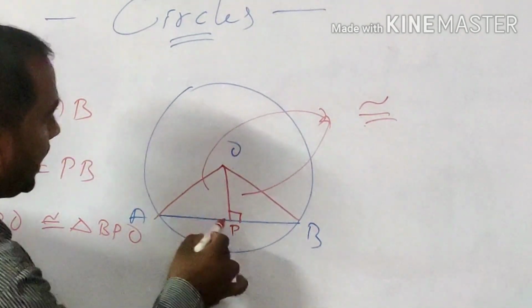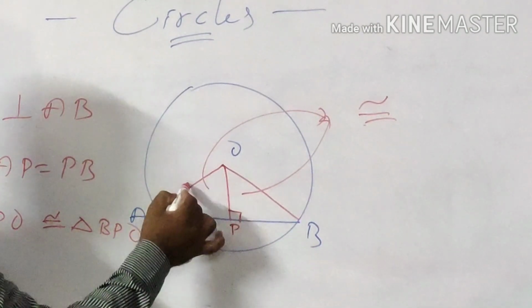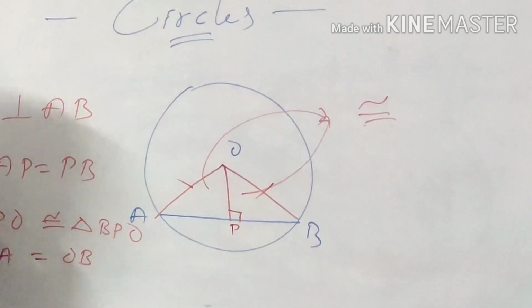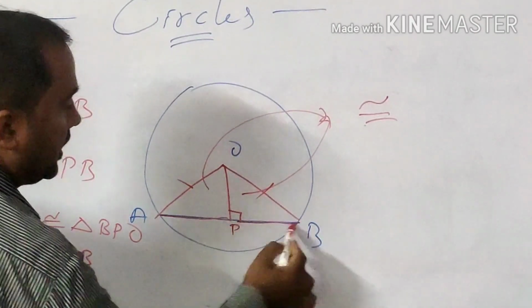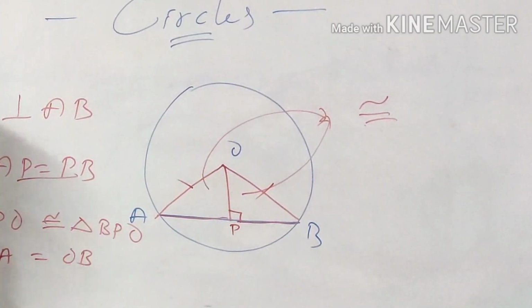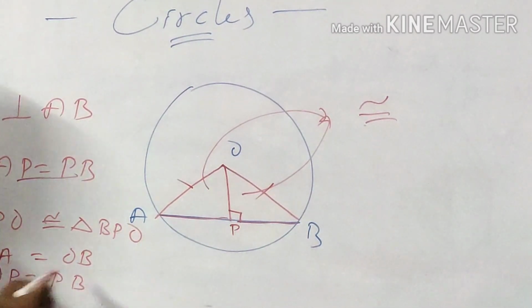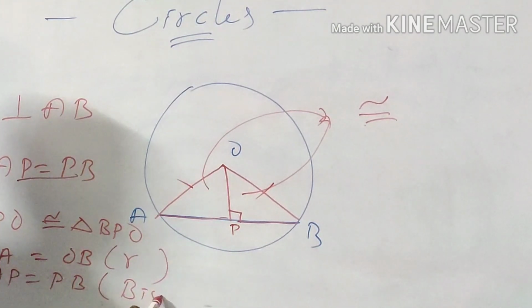Yeah. Now how do we prove? Same again. These two are the radii of the same circle, so OA is equal to OB. Then it is told by the theorem that AP is equal to BP, since the chord is bisected.